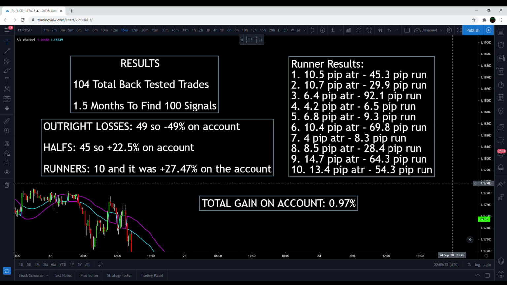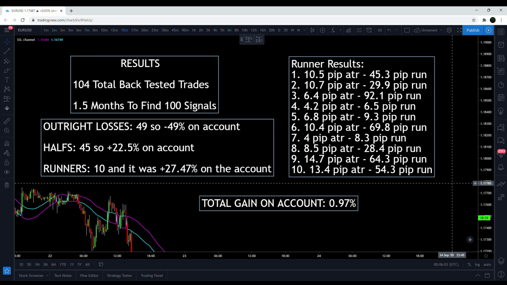So 1.5 or 2 times ATR would be much better, and a method for actually trailing the stop as it runs would be far superior to just waiting for the SSL to cross back up, since a ton of those half trades, the ones where it was half winners, a lot of them went on a nice run or a decent run, but then just came back down and then stopped out the other half at break even. So there was a lot of money left on the table that could have easily been secured with some simple changes. So a lot to be learned from this.